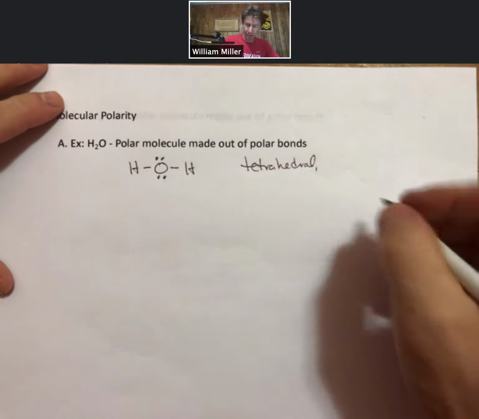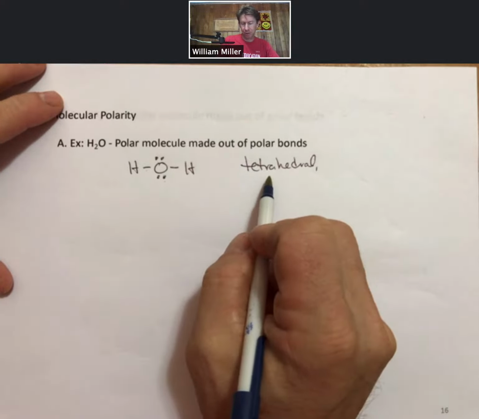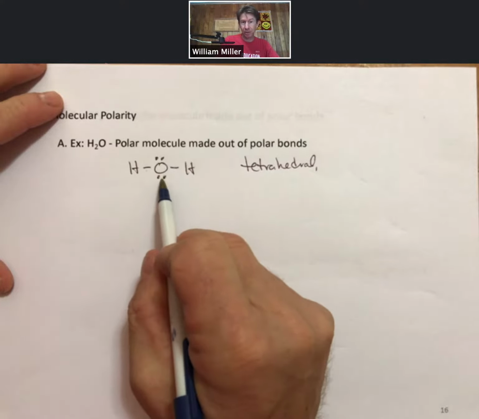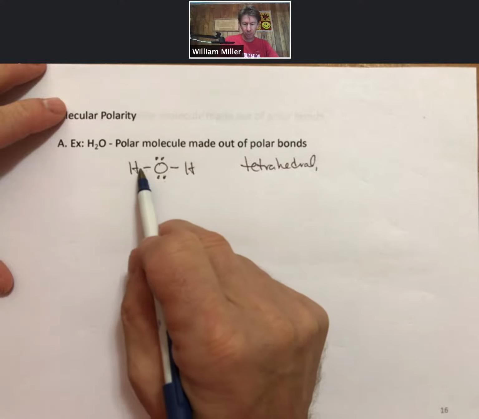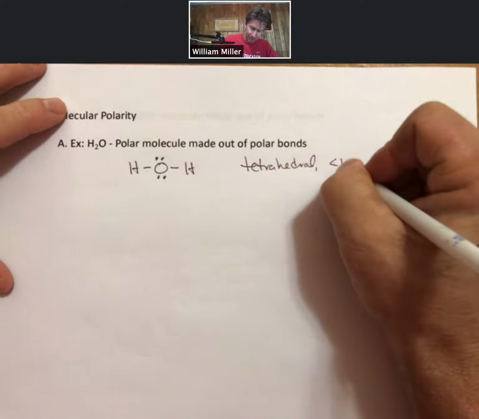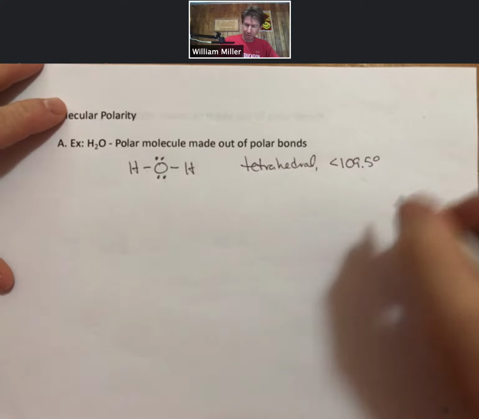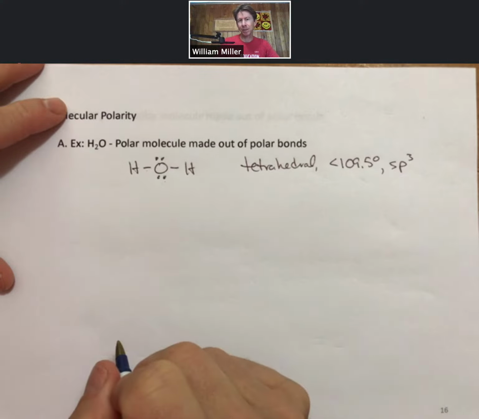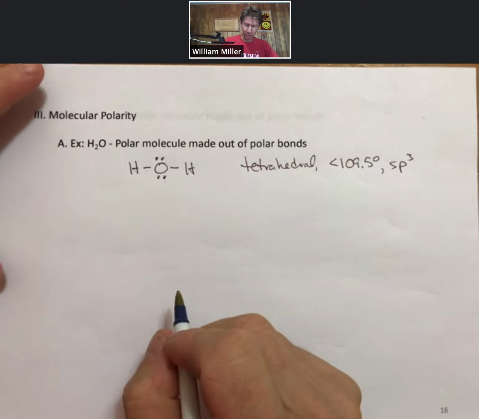The basic bond angle for tetrahedral is 109.5. We can see we have 2 electron pairs here. Electron pairs push the atoms to less than the ideal bond angle, so it's going to be less than 109.5 degrees, and that oxygen has an sp3 hybridization. So that's all the things we know from before.